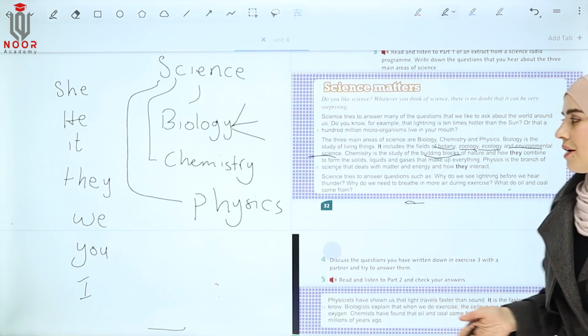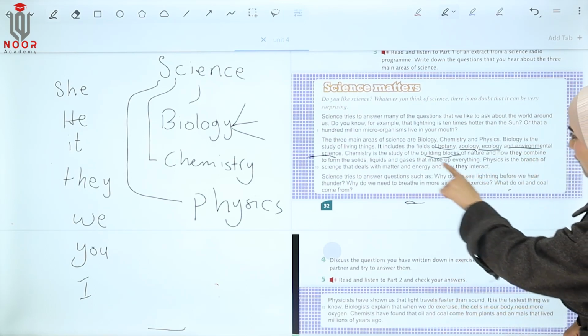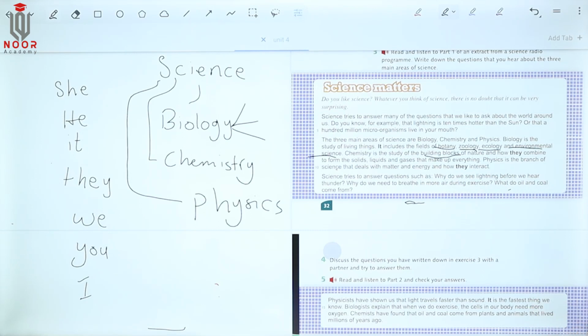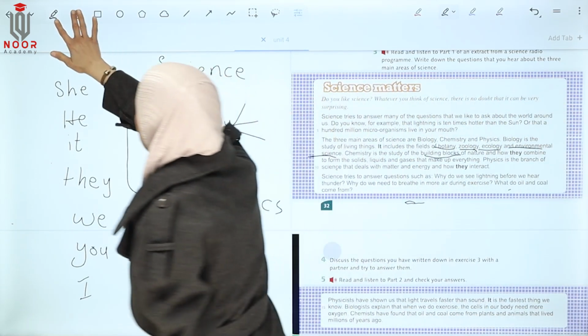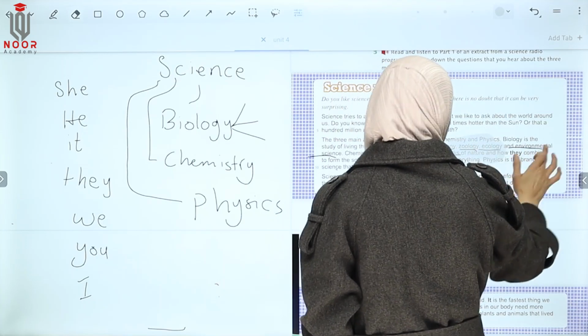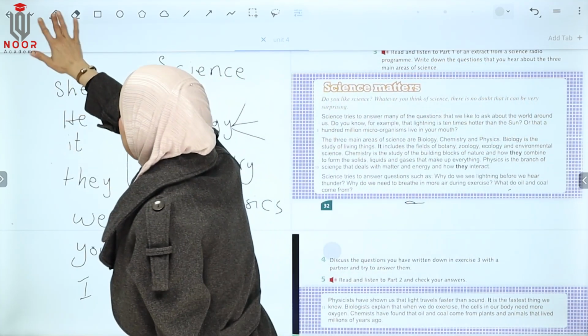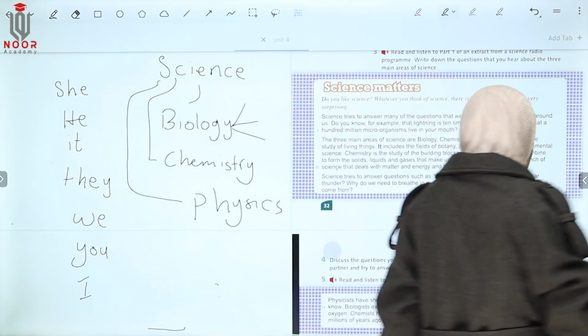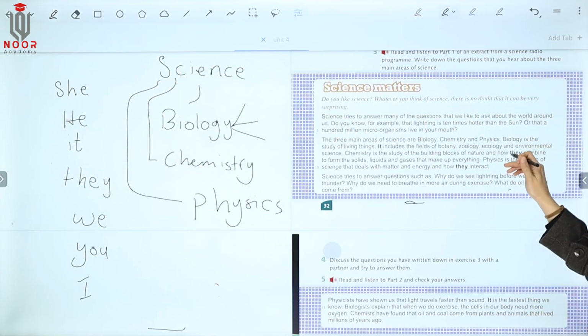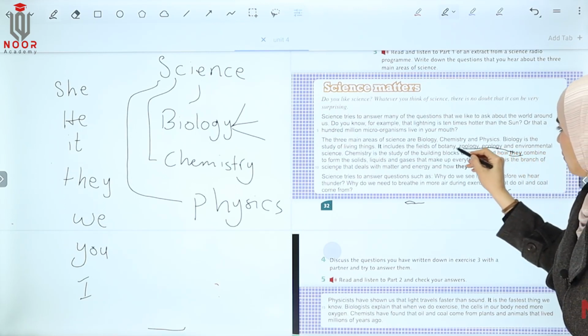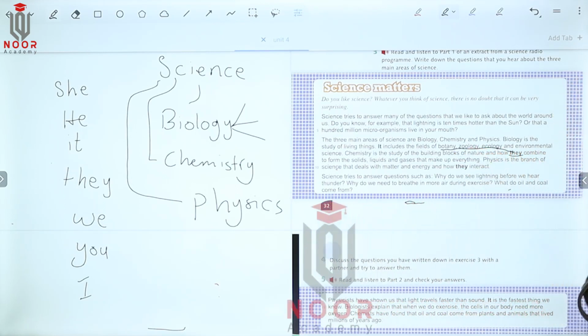So here you should focus on they refers to this one. Okay. Yes. So they refers to what? Refers to blocks of nature.